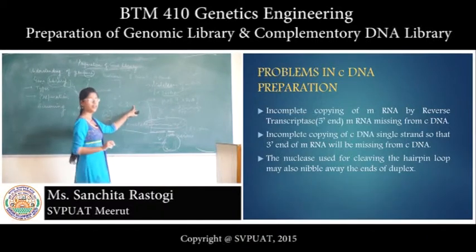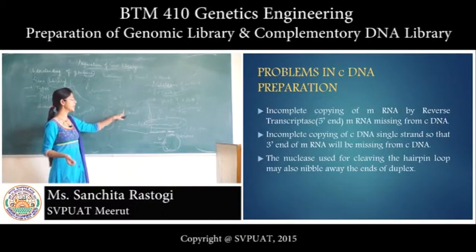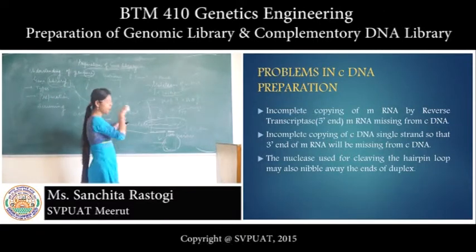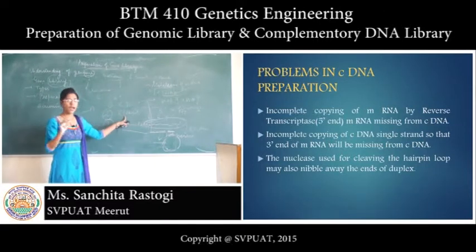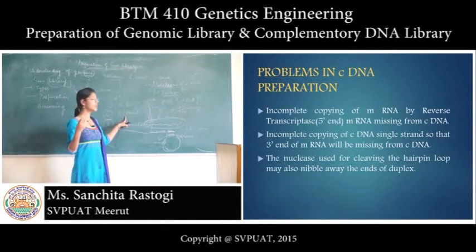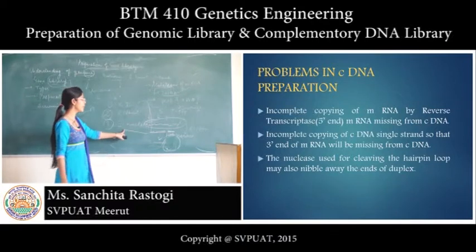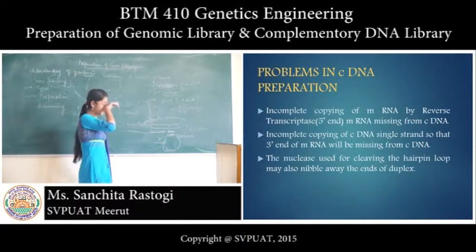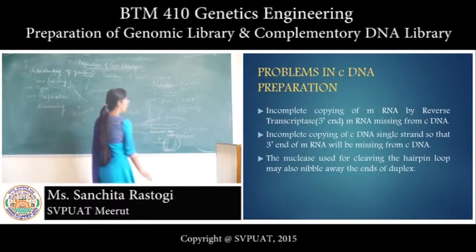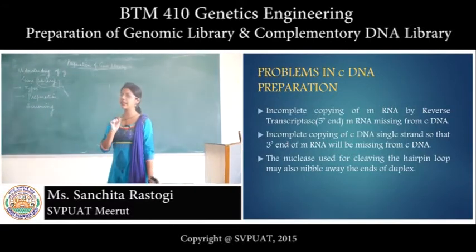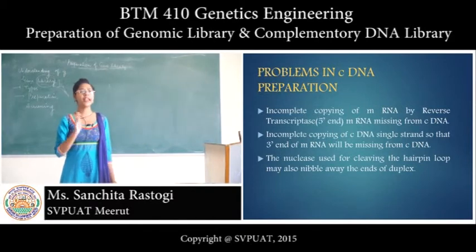If our reverse transcriptase is working properly, there may occur problems with the RNase. RNase may fail to dissolve the complete strand of mRNA in the mRNA and cDNA hybrid. And there may also occur problems in the specificity of S1 nuclease. It may fail to completely dissolve the loop so formed. So there are three problems which we can face in the preparation of cDNA library.